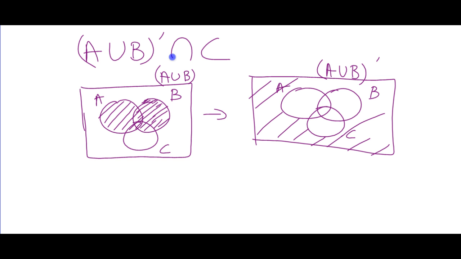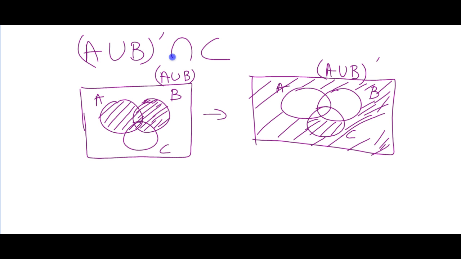So this region here is just C, only C, nothing else, right? Only C, so I want to shade only C and all of the outside. Okay, so that's A union B prime, and now I want that to intersect with C.